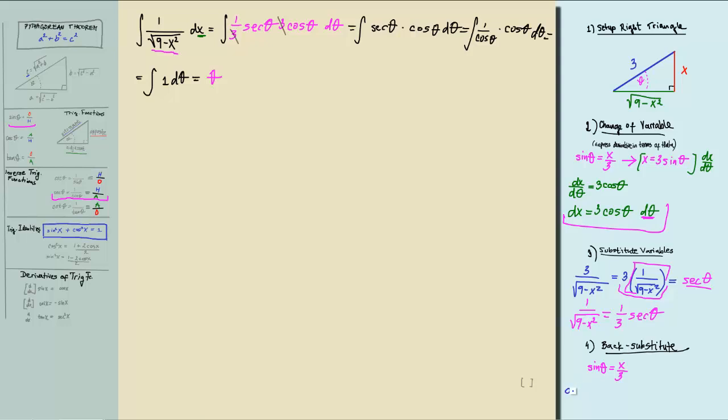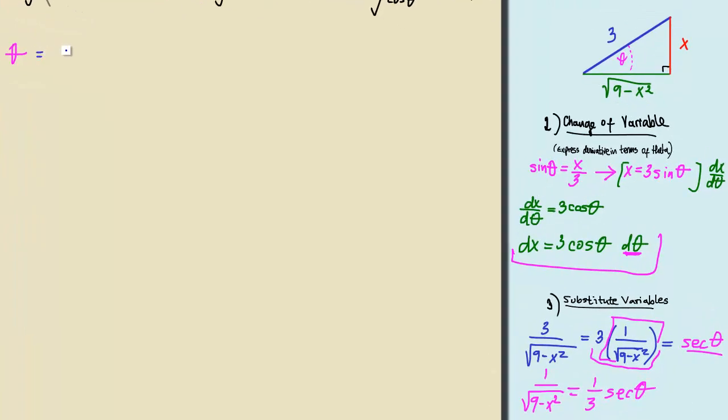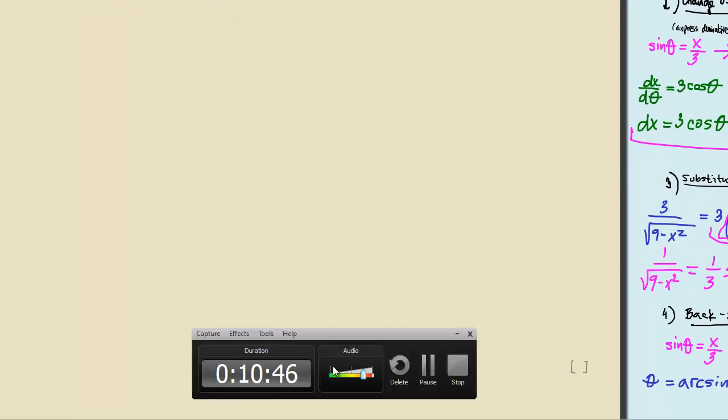So if we want to get theta alone, we need to do the arc sine of the result. So theta is arc sine of x divided by 3. So our answer is arc sine of x divided by 3, and since this is an indefinite integral, we don't forget our constant, and that is your answer for this.